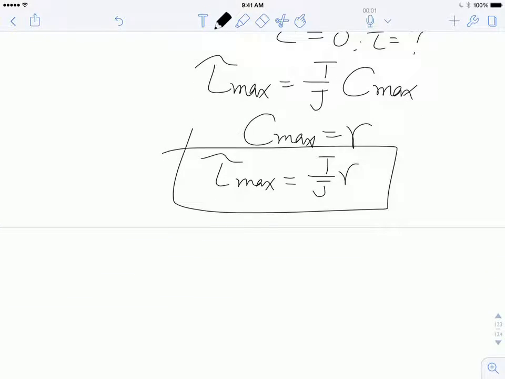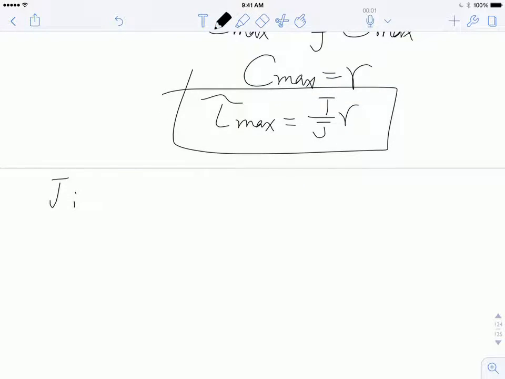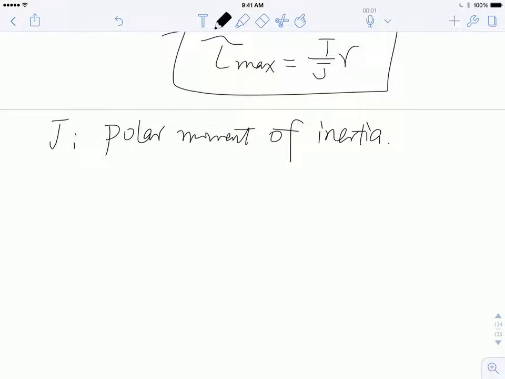Okay, so next thing is this J term. Like we said, it's called the polar moment of inertia. Now, I'll just give you two simple ones.